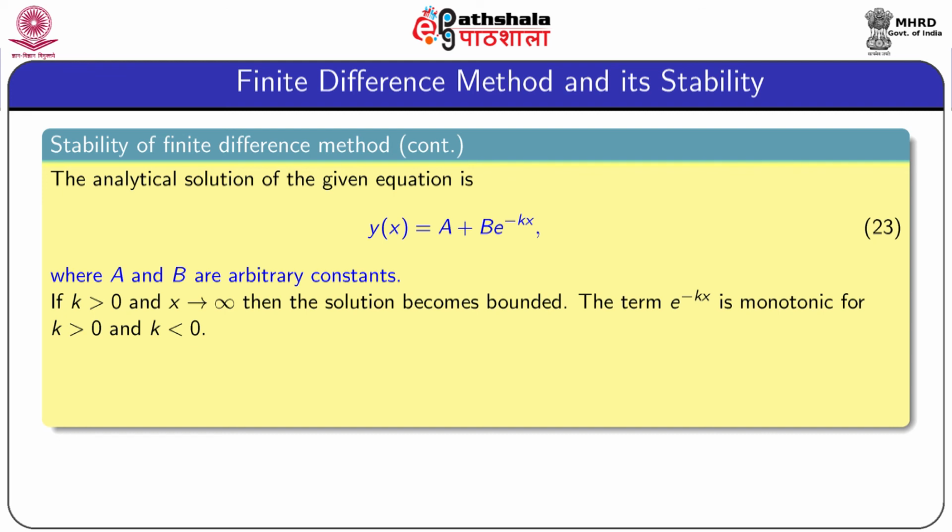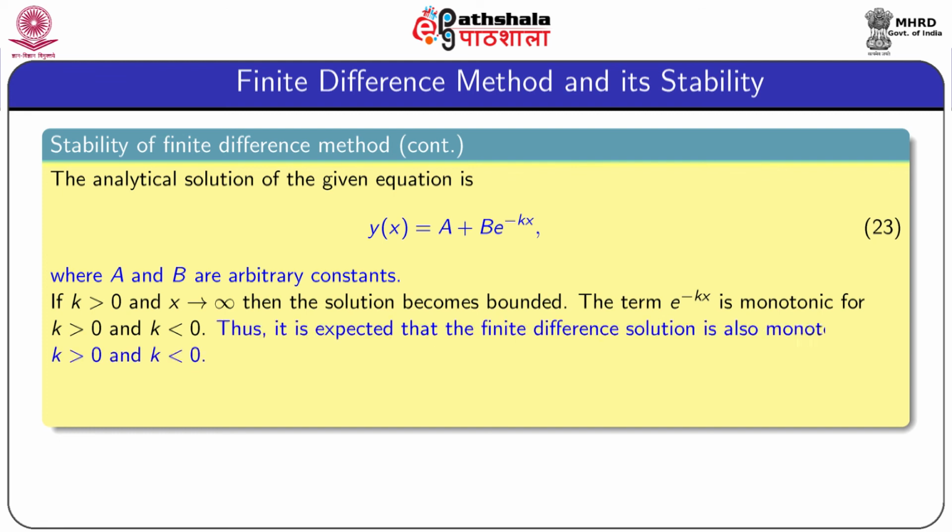Now, note that if k greater than 0 and x tends to infinity, then the solution becomes bounded, that means the solution becomes a. That means the term e to the power minus kx is monotonic for k greater than 0 and for k less than 0. Thus, it is expected that the finite difference solution is also monotonic for positive k as well as for negative k.